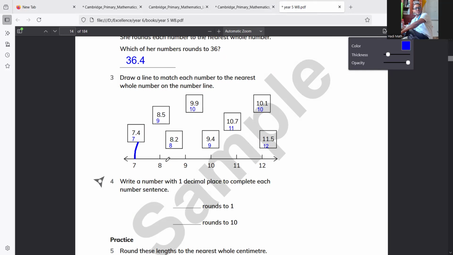Then you have 8. Only one number gives you 8, so you join this one with 8. Then 9. You have this 9 and this number is also 9. Those two give 9, so you join them with 9.